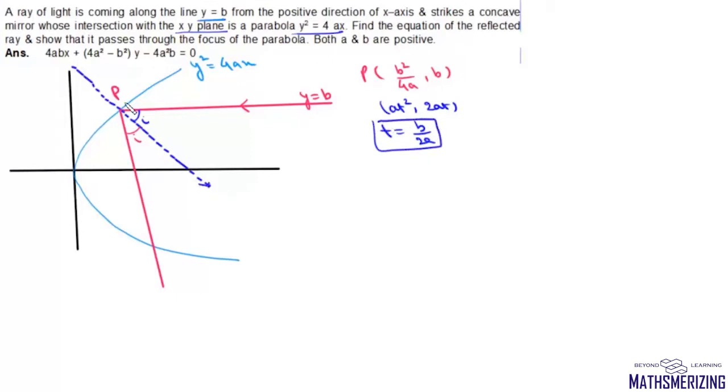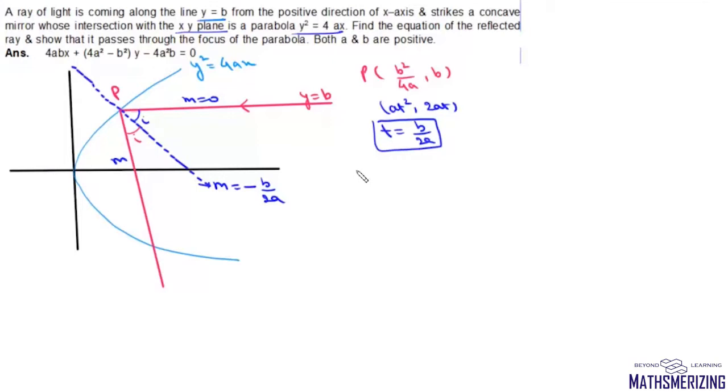Now at any point P, the slope of the normal is given by minus t. So this slope of normal is minus t, which is minus b upon 2a, and the slope of this line is simply 0. Now we need to find the slope of the line which makes the same angle as this normal and the incident ray.